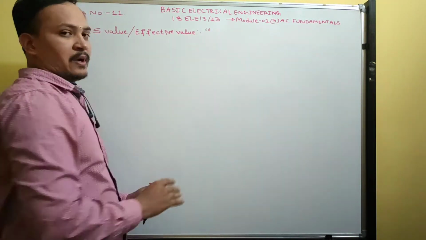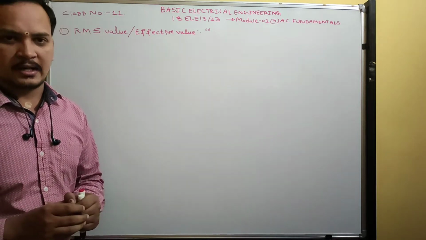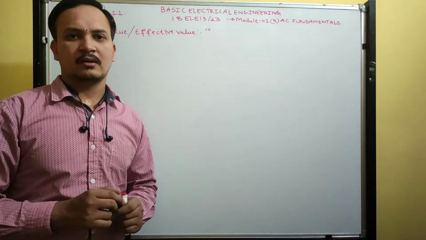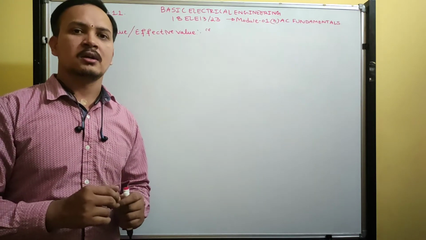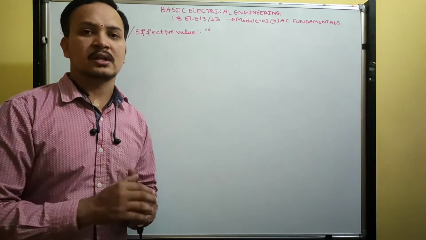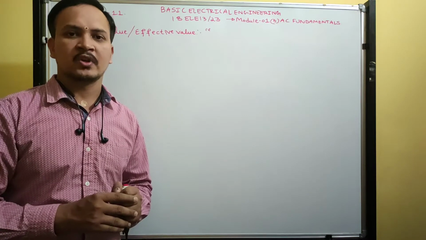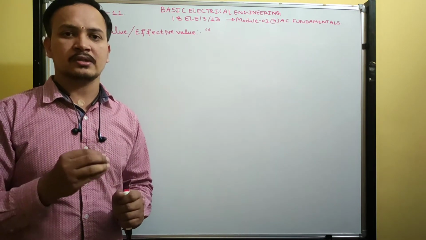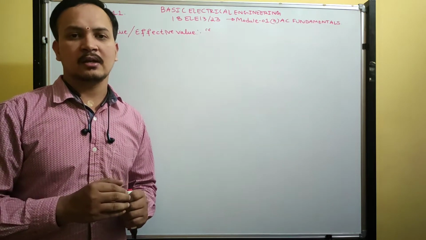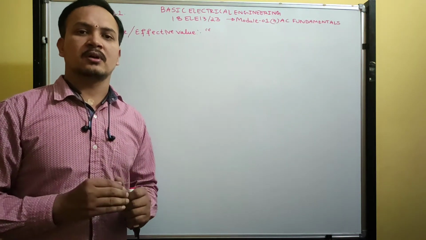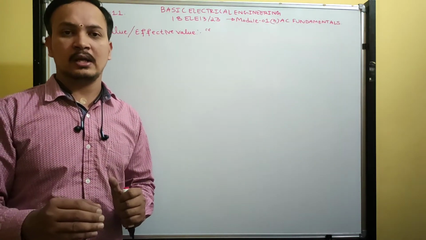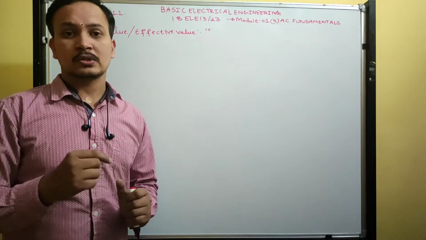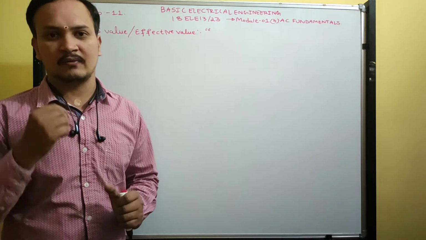The RMS value of an alternating current is such that a steady current, DC current, which when flowing through a given circuit for a given time produces the same amount of heat as is produced by an alternating quantity for the same circuit for the same time. This is called RMS value, the standard definition.